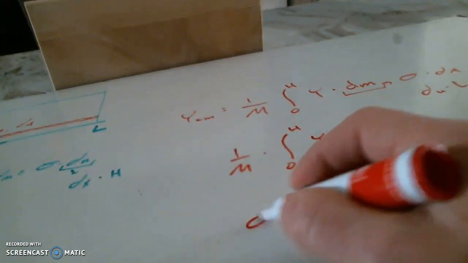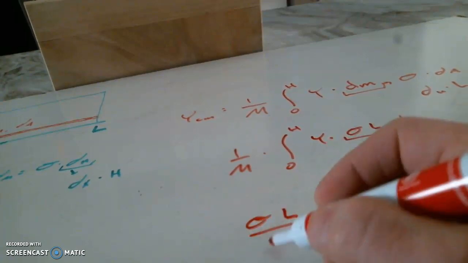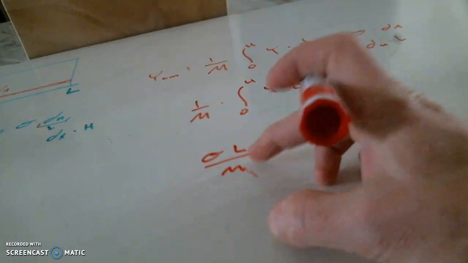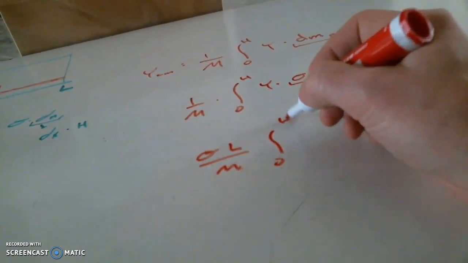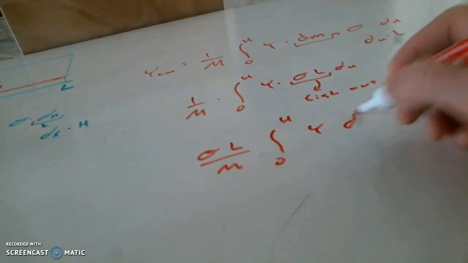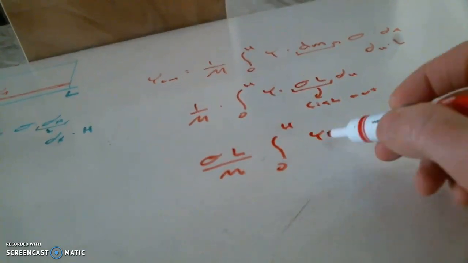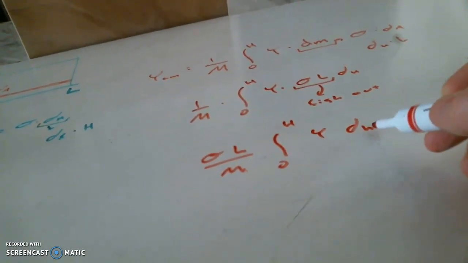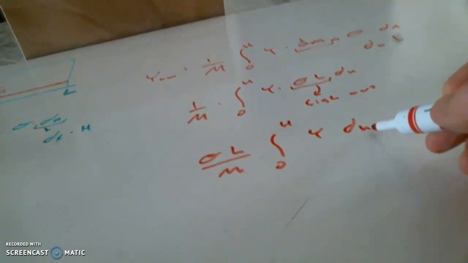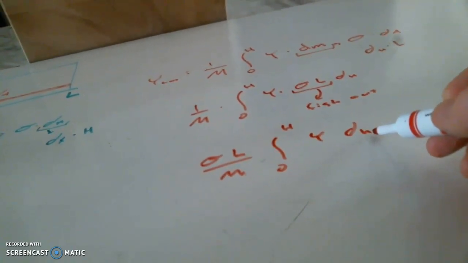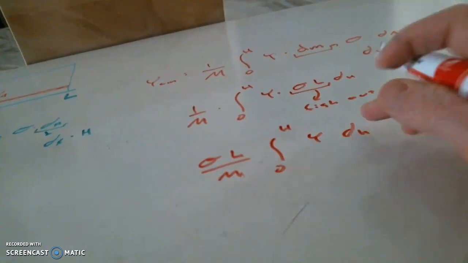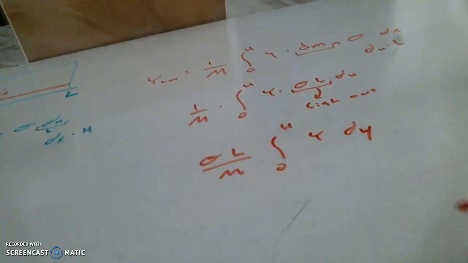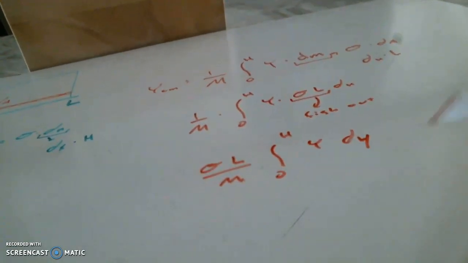So it becomes sigma L over M. And then I will integrate from 0 to h of y dh. And again, a height and a y are the same thing. So if you want to call that a dy, go right ahead. That would probably make Stelzer a little happier than the way I have it written here. A y dy. Doesn't matter though, they're the same thing.